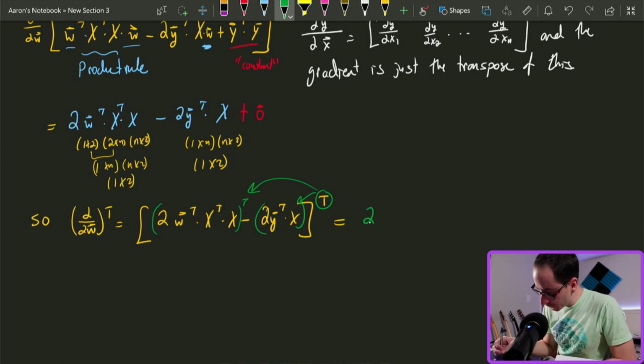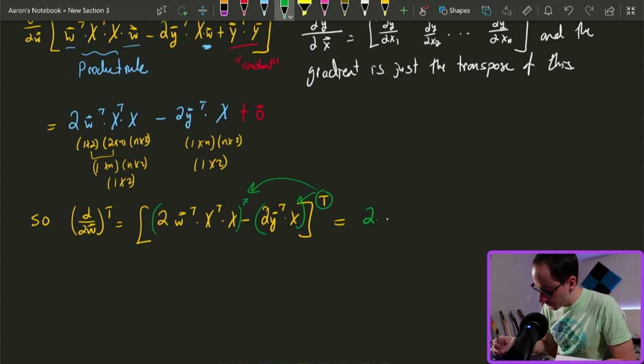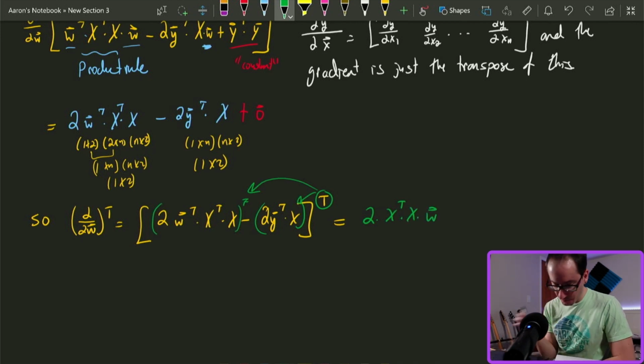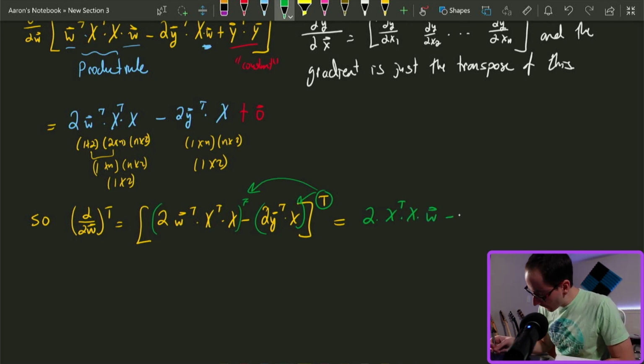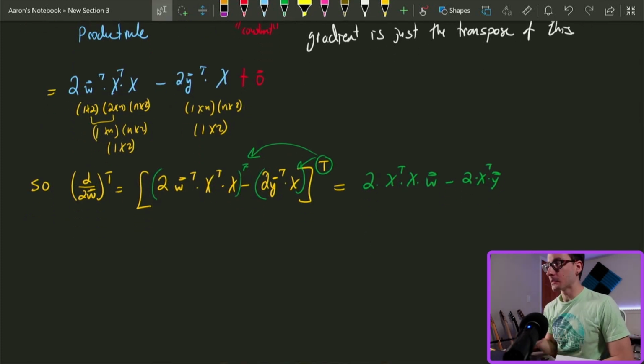What do we have here? 2. And then reversing the order, if I have this transpose distributed inside of this product, 2 X transpose dot X dot W minus 2 X transpose dot Y, I believe. Yep, that looks good.